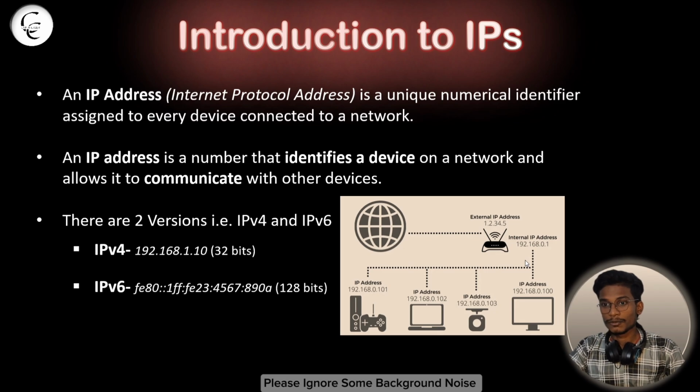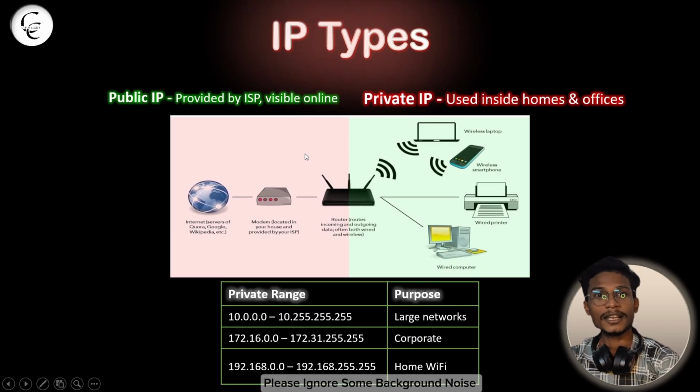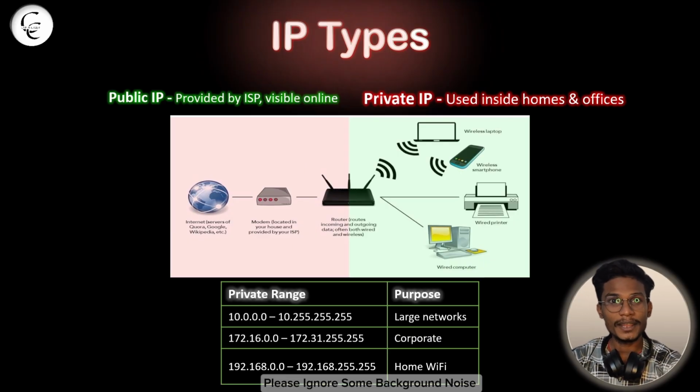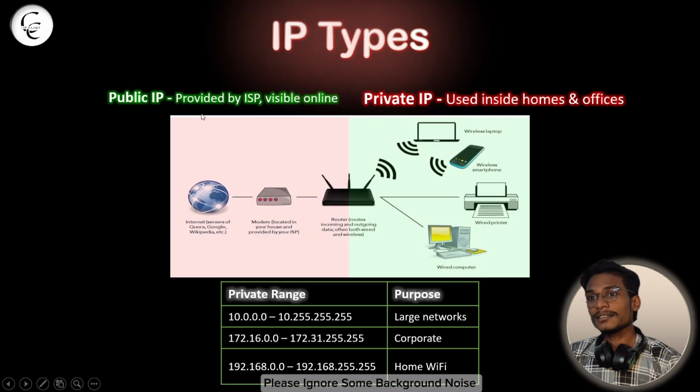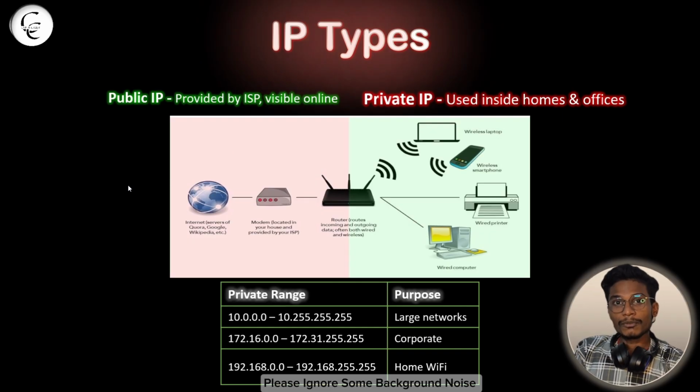So let's move to the second slide. So guys, IP is basically of two types, that is the private IP and the public IP. This is a very simple difference: the public IP is what we get from the internet service provider. So when you are surfing any website, if someone tries to find your device using that service, that IP will be visible at that time.